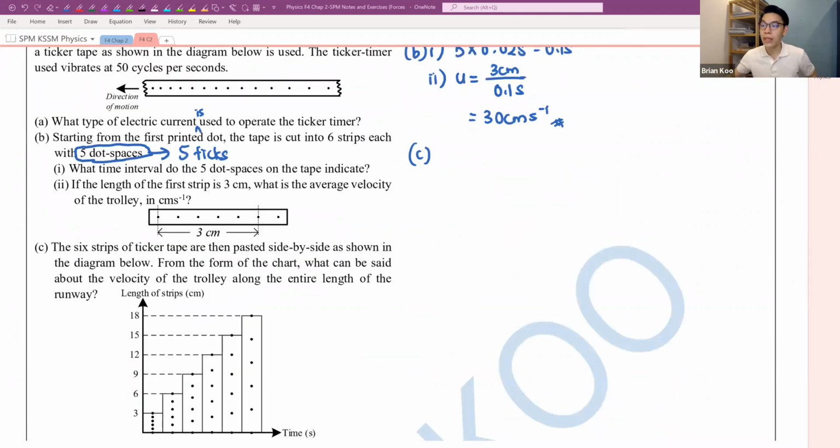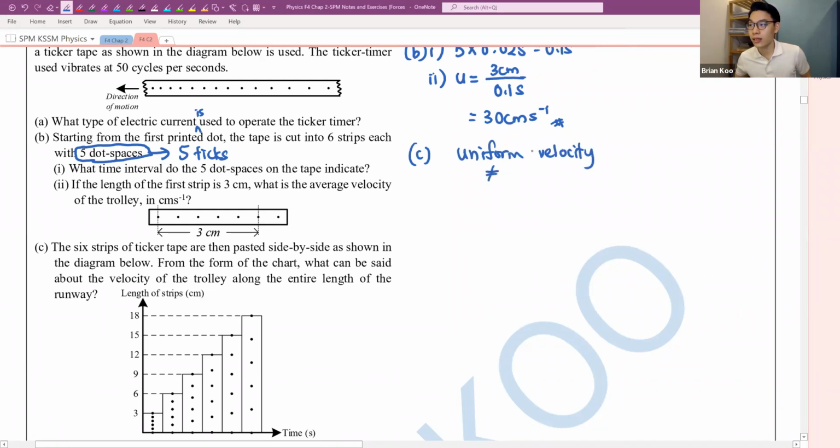Good try. This is the time that I know you guys could make this mistake also. That's why it's good that I get feedback from you guys, or else I'll just give you all the correct answers. So remember that uniform velocity is not the same as velocity increases uniformly.